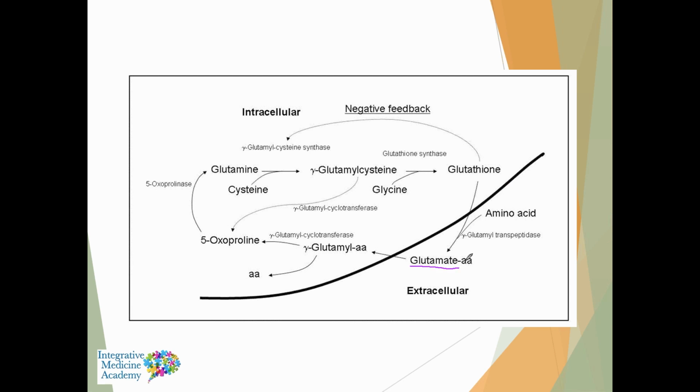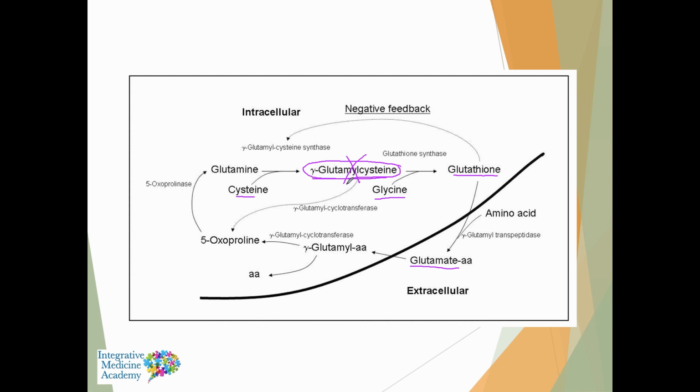Glutamate comes together with cysteine to form gamma-glutamylcysteine, and gamma-glutamylcysteine then combines with glycine to become glutathione. It's interesting: gamma-glutamylcysteine is the rate-limiting step in glutathione production. This particular chemical can be altered by different chemicals in the body, particularly acetaldehyde.